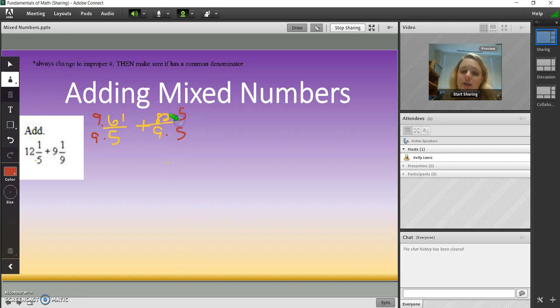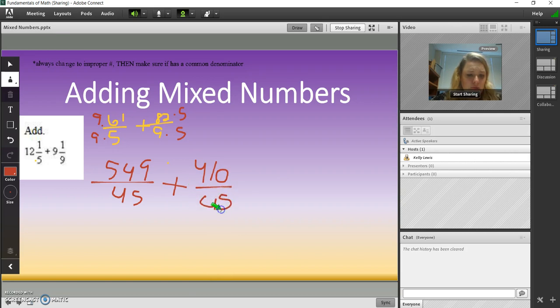Remember, whatever you do to the bottom, you got to do the top. You have to be even, Steven. So 61 times 9, 549 over 45, plus 82 times 5, 410 over 45. We're not going to get nervous by big numbers. They're both 45. Okay, and 549 plus 410 is 959.